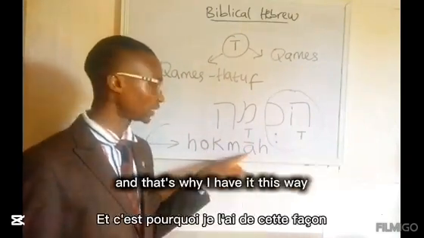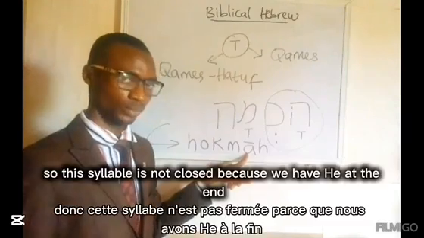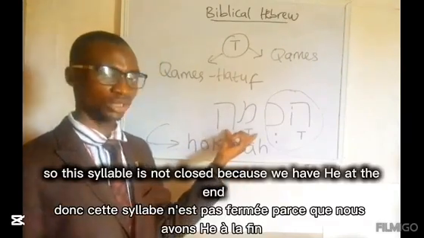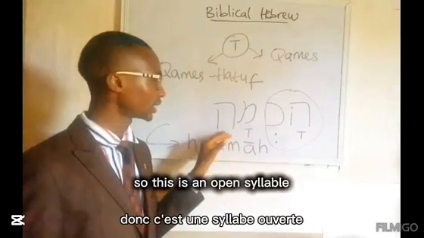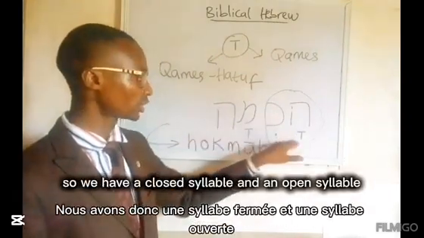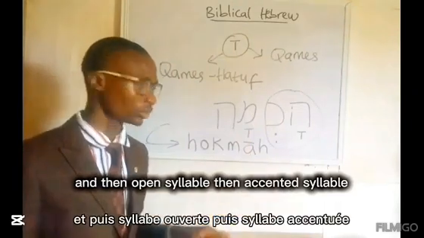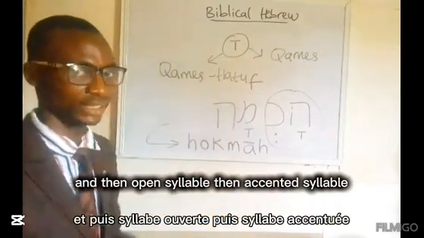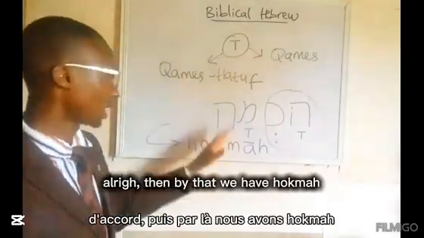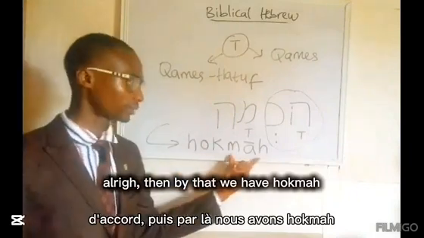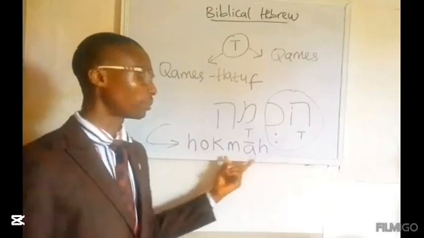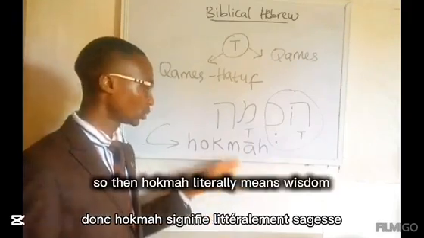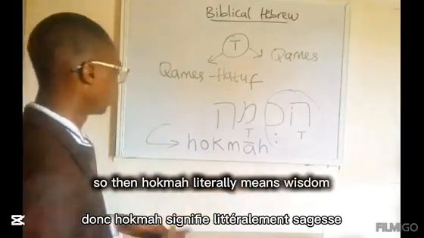So this syllable is not closed because we have He at the end. So this is an open syllable. So we have a closed syllable, an open syllable, and then an accented syllable. So by that we have Hokma rather than Kama. Hokma literally means wisdom.